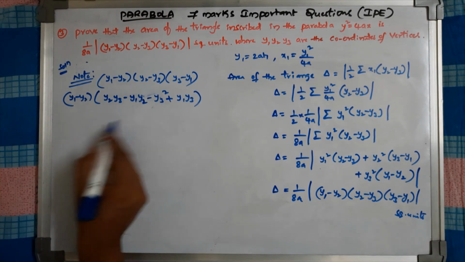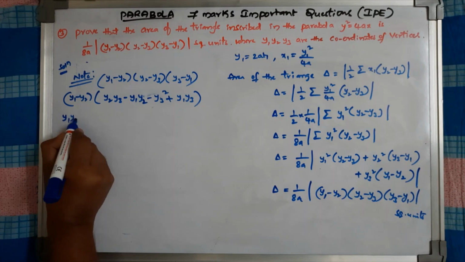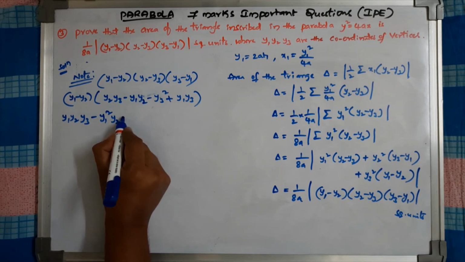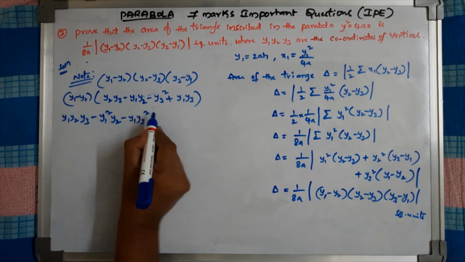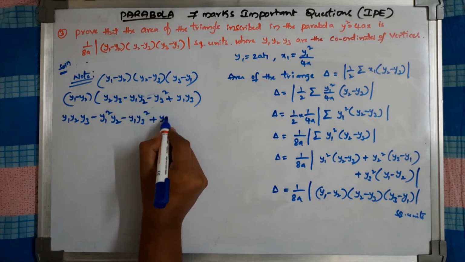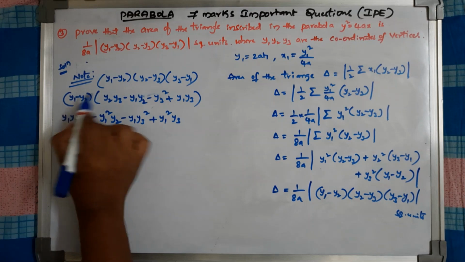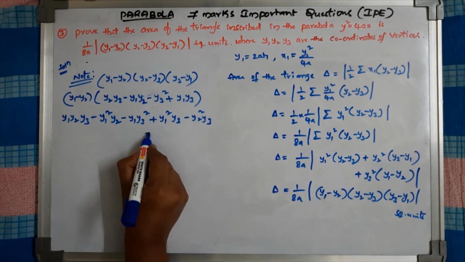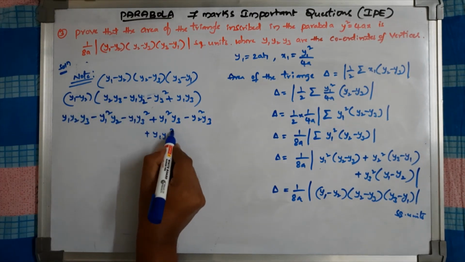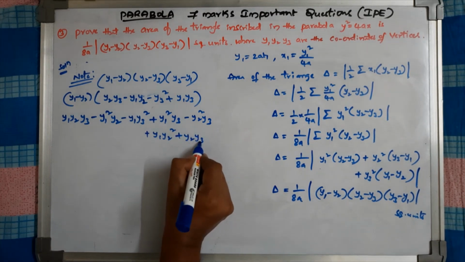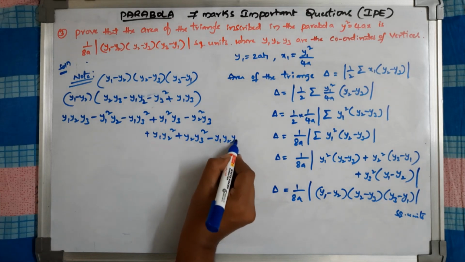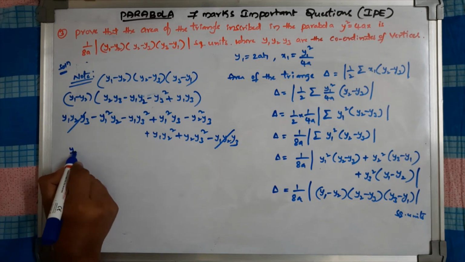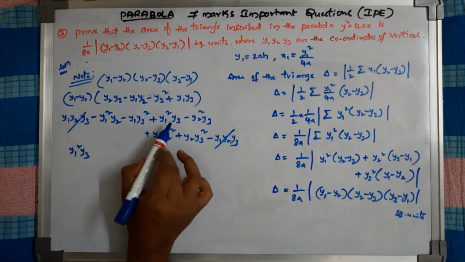Next multiply these with this one: y1y2y3 minus y1²y2 minus y1y3² plus y1²y3, and multiply this with minus y2²y3 plus y1y2² plus y2y3² minus y1y2y3, this one cancels, and the remaining you get y1²y3.